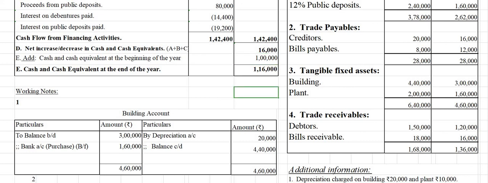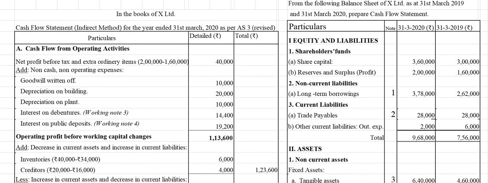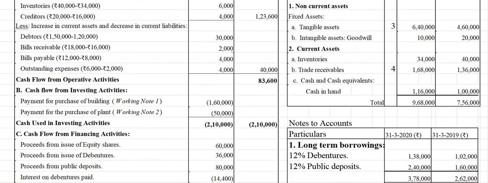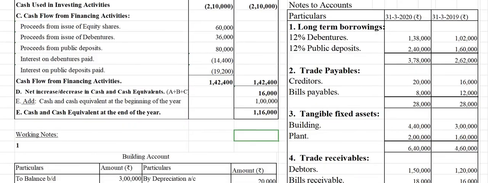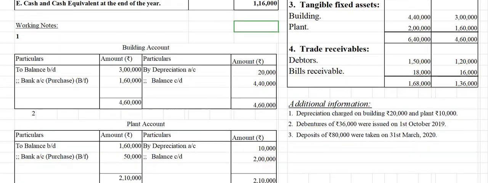So that is about the preparation of the cash flow statement. We have prepared a cash flow statement now. After pausing the video, you can write down this question once again and, without seeing the solution, try to solve the question, and after that match your answer with the answer given here.